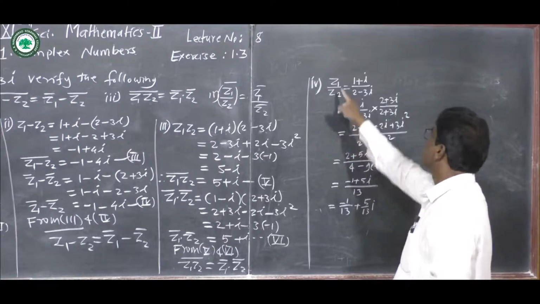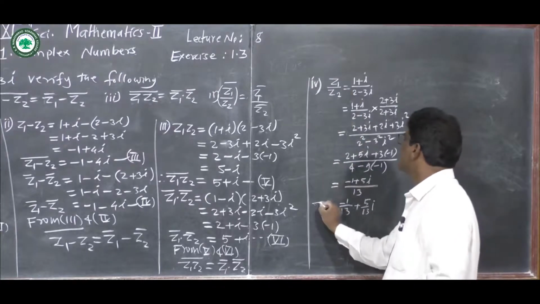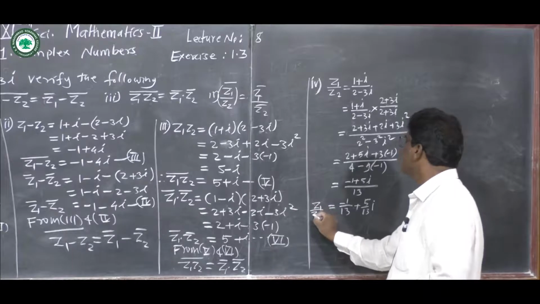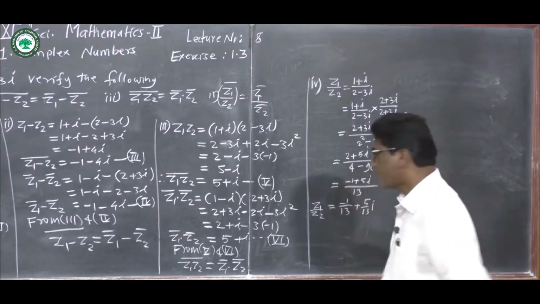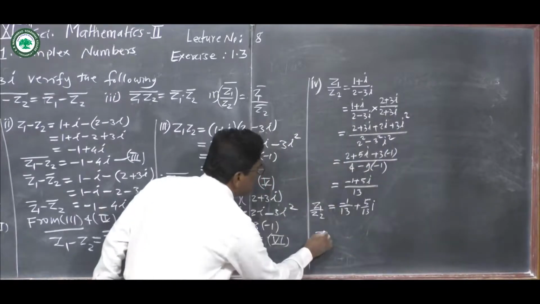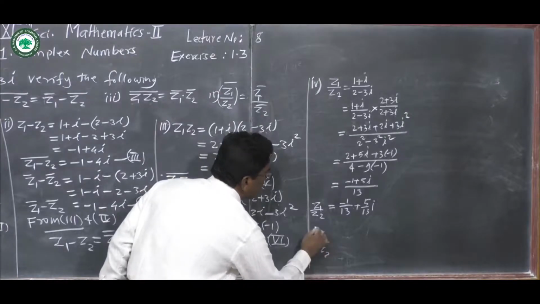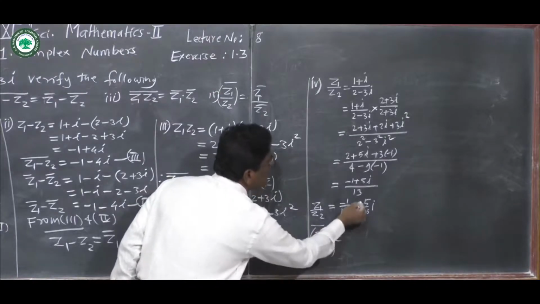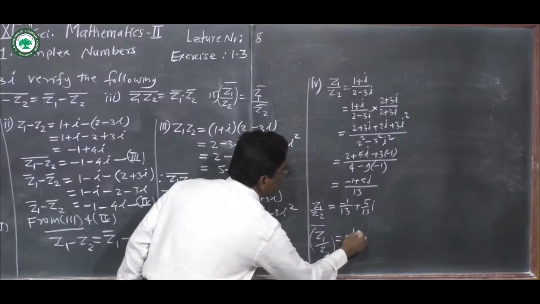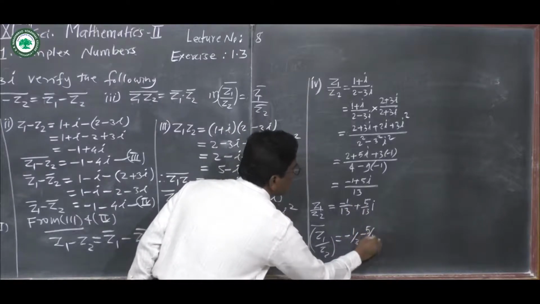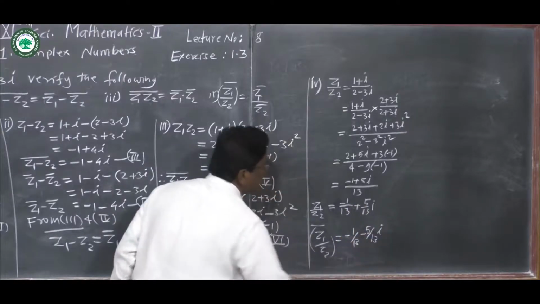This is Z1 upon Z2. Now take its conjugate. Change the sign, so minus 1 upon 13 minus 5 upon 13 into i.